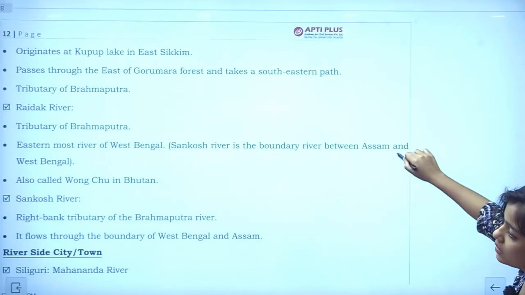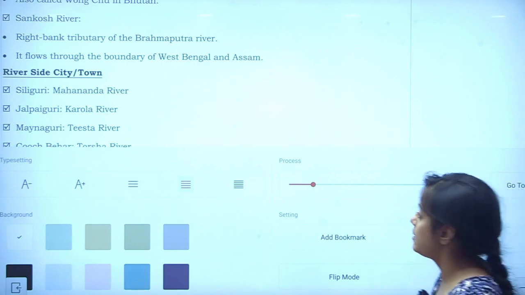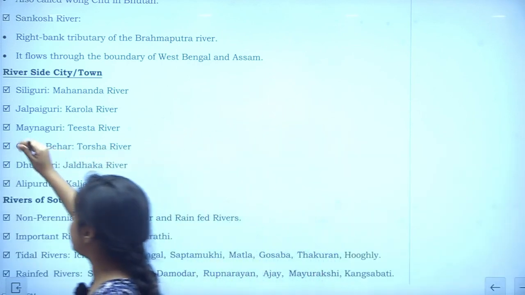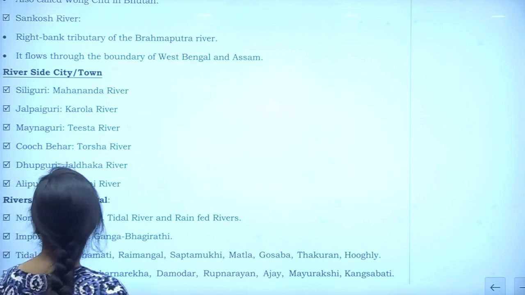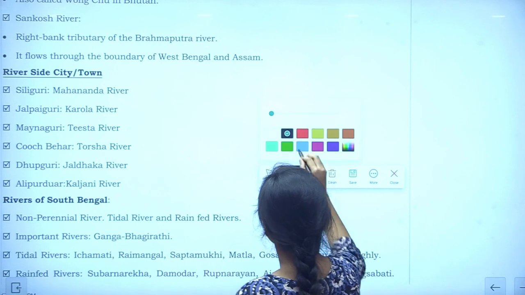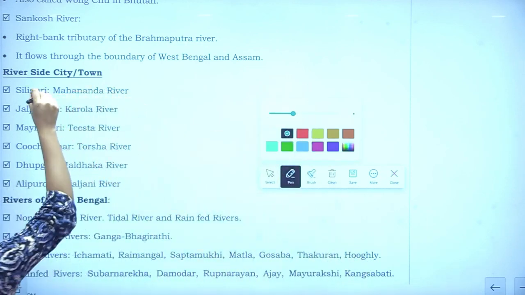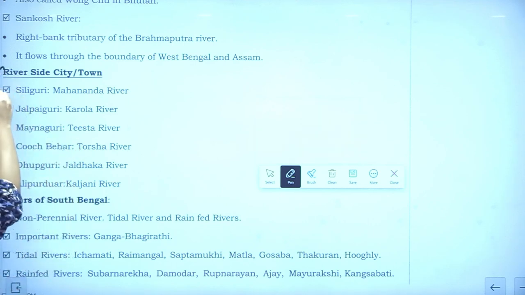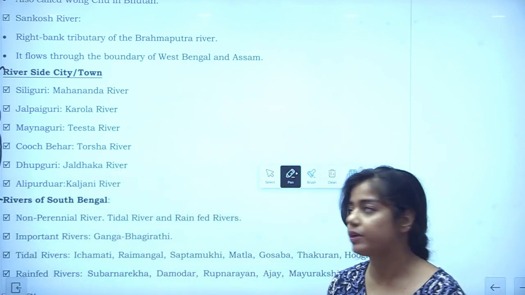Okay, now comes the main important part, that is, you see this table. This table is a very important table.